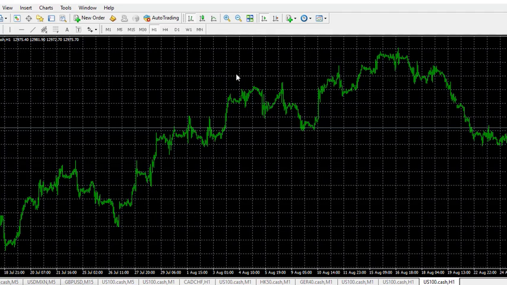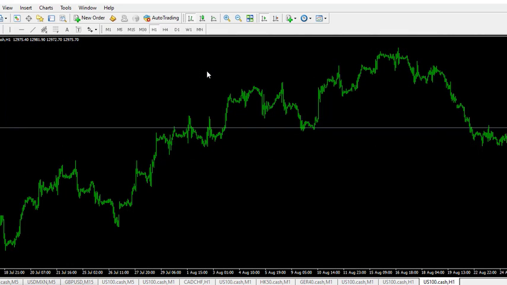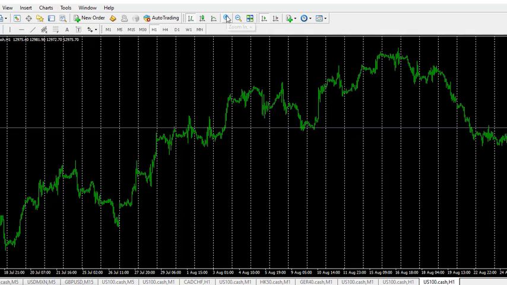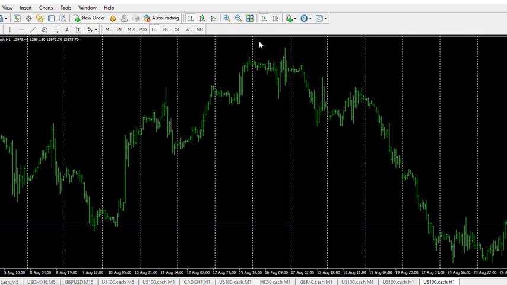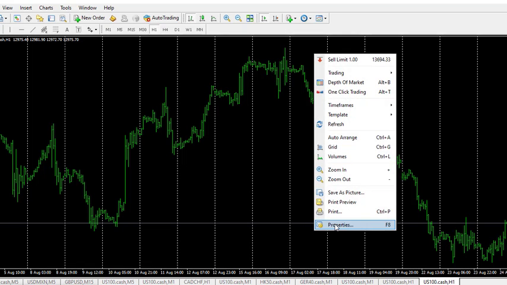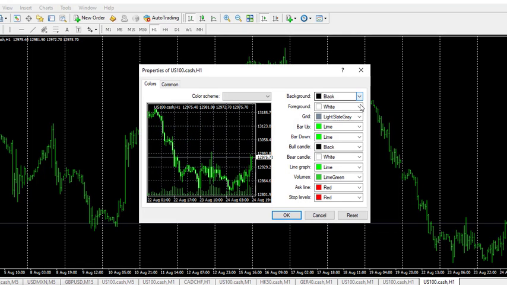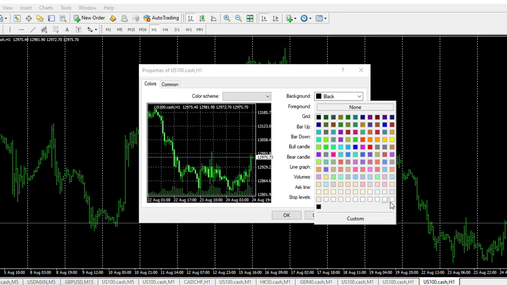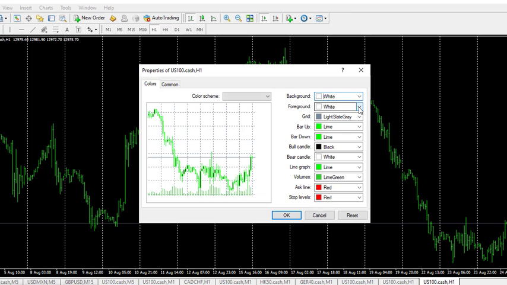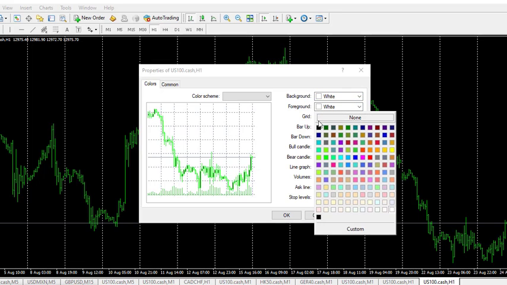So the first indicator I'm going to add on this particular chart is the envelope indicator. But before then, let us change the background of our chart. I would like to change it to white and the foreground to black.